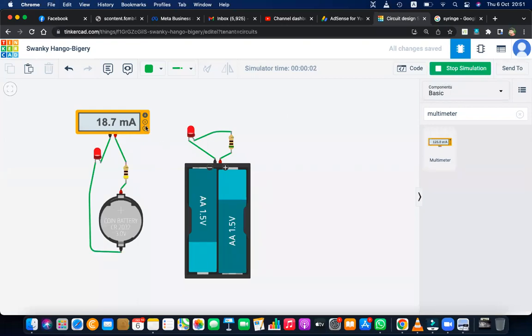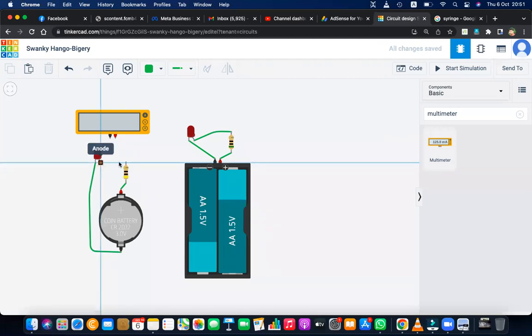Again, 18.7 milliamperes, so the bulb will not burn, right? If you measure the voltage, you can see the bulb will get closer to 2 volts, so the bulb will turn on and you can see the light. And also it will get closer to 20 milliamperes.